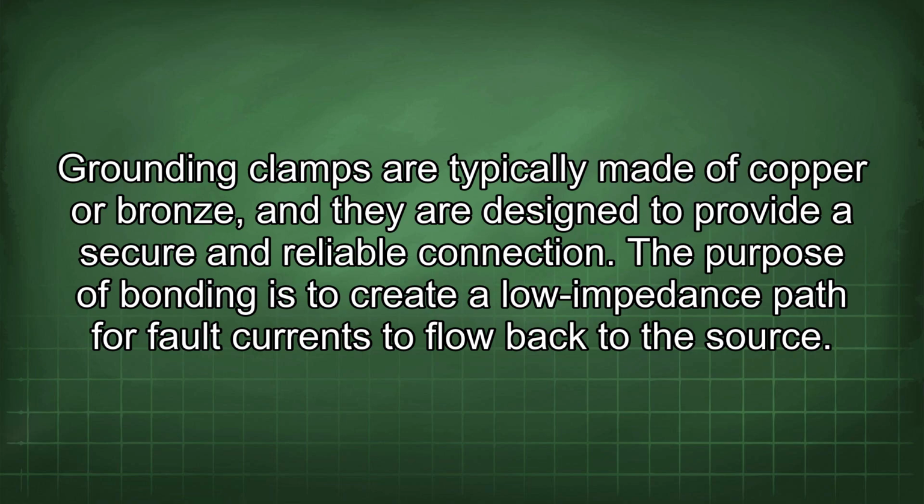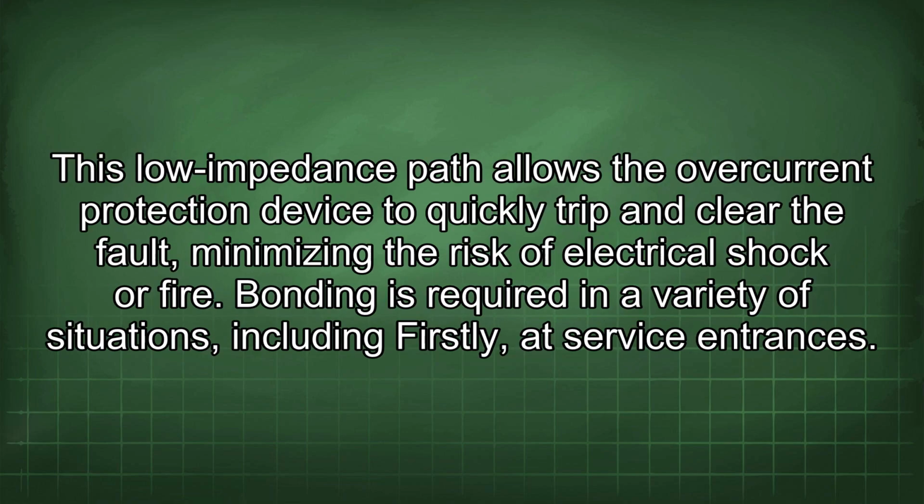The purpose of bonding is to create a low impedance path for fault currents to flow back to the source. This low impedance path allows the overcurrent protection device to quickly trip and clear the fault, minimizing the risk of electrical shock or fire. Bonding is required in a variety of situations, including, firstly, at service entrances.